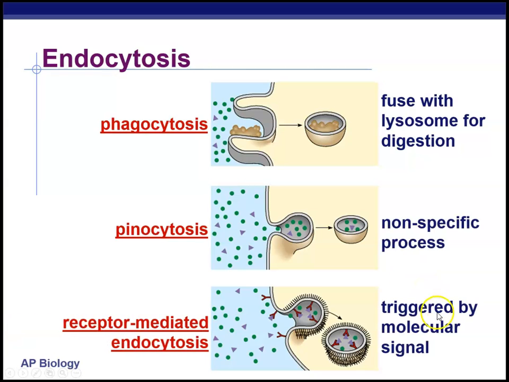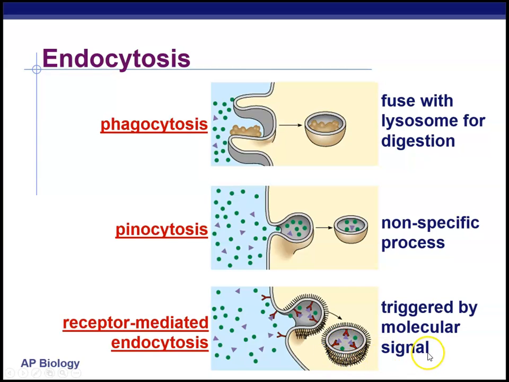And then the last one, a very specific process, is called receptor-mediated endocytosis. This is when it's going to be very picky about what it's bringing in, and there are actual receptor proteins on the outside of the lipid bilayer, that when enough of them are connected to the molecule we want, they actually move inward and then close off, so that we're ensured we actually have what we want.